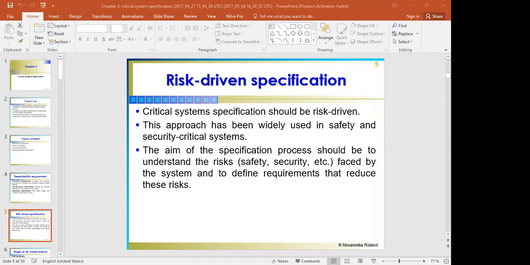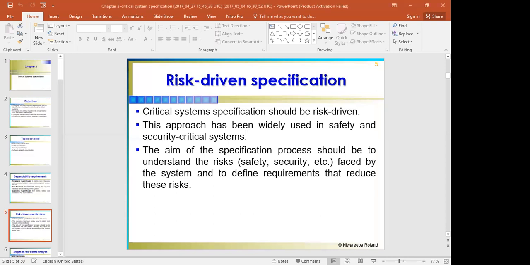I shared with Oma another PDF, which is called chapter 12, safety engineering. So these are some of the ones we shall be referring to, so it's good if you have them. There they explain further about the risk-based specification, more than they explain here in these PowerPoints.